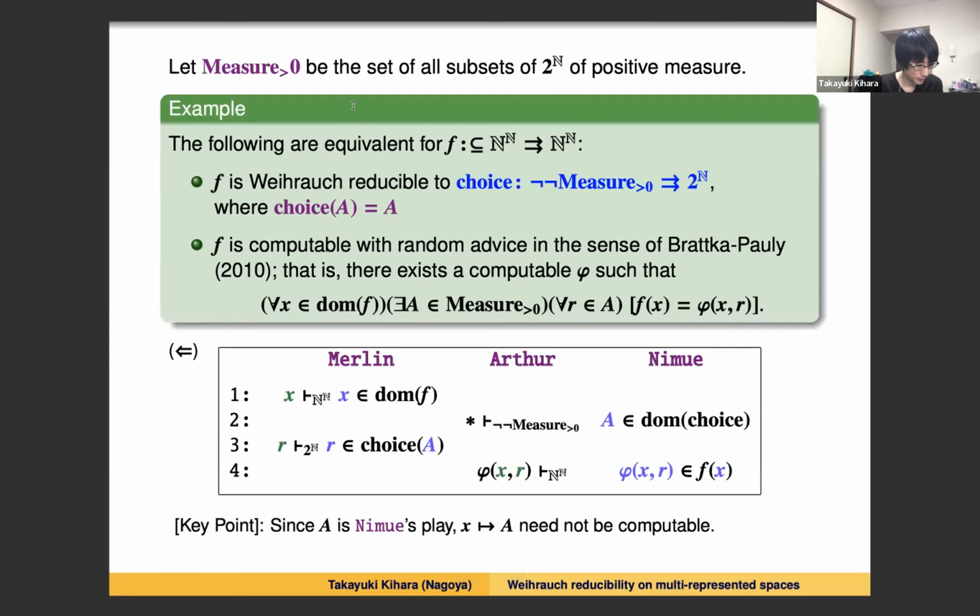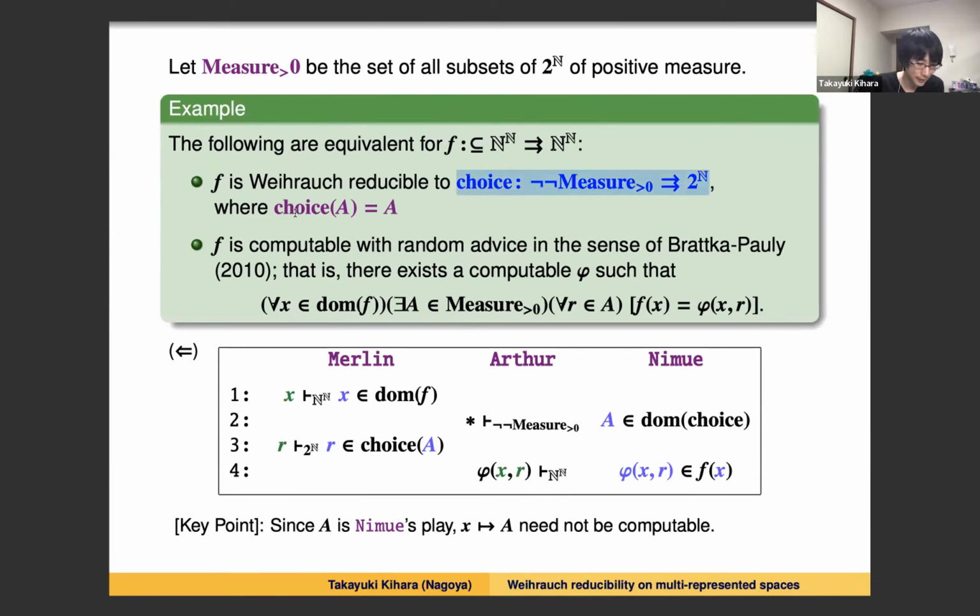For a few more examples, we can also consider this kind of space: the space of sets of positive measure in Cantor space, or more precisely, its double negation space. Consider the choice function for this.